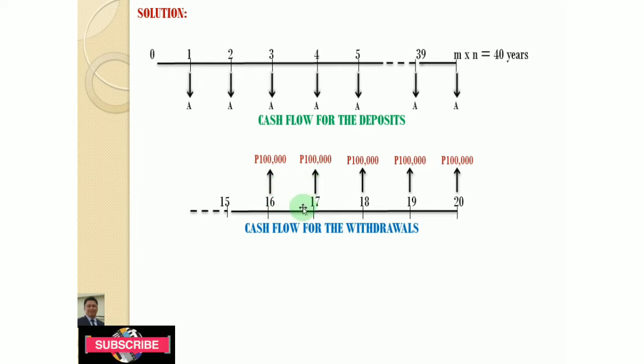Okay, so based on the problem it is for each of the last 5 years of this 20-year period. So starting with the 16th year, the 17th, 18th, 19th, and the 20th year, we have this cash outflow of 100,000 pesos.